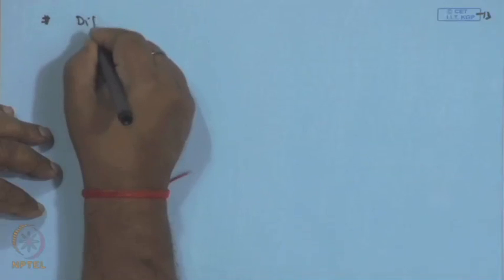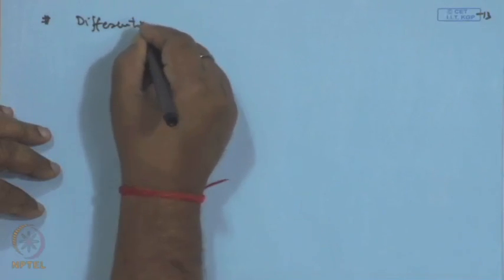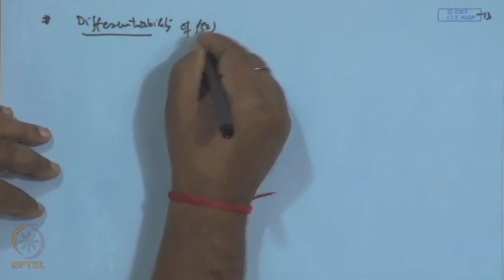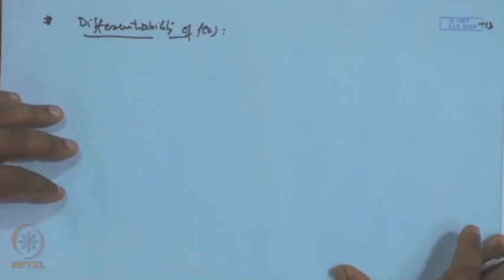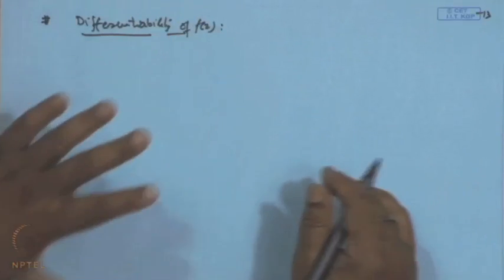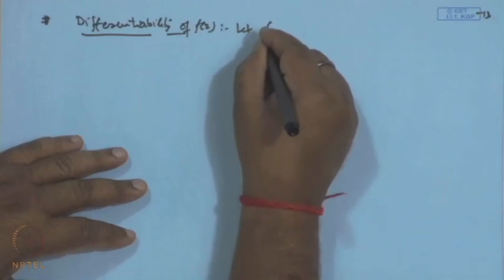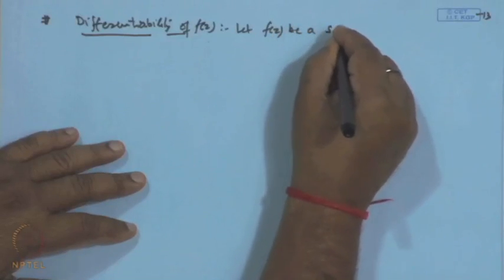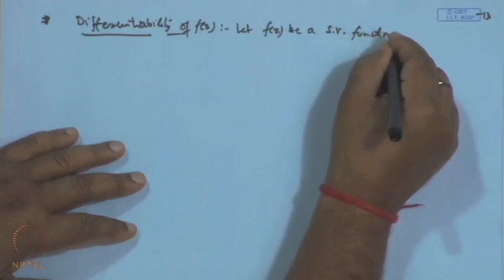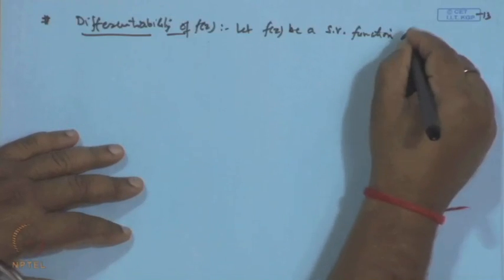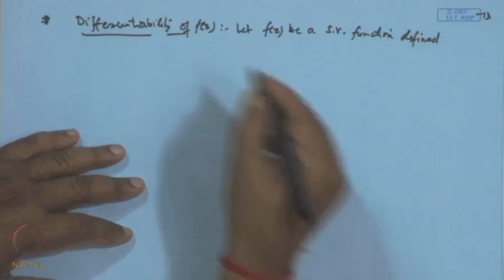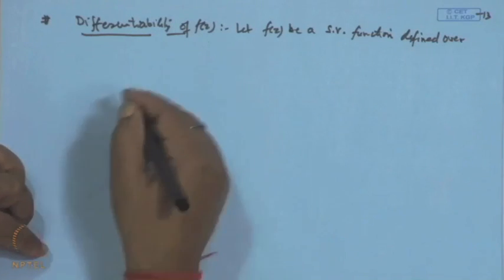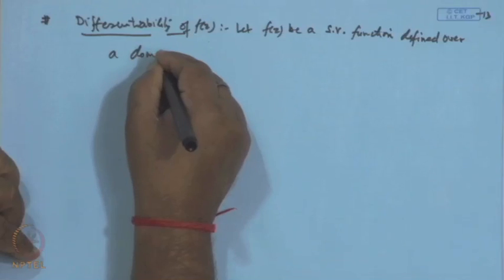Differentiability of a function f(z). Let f(z) be a single valued function defined over a domain D. Now, we will always look at single valued functions.